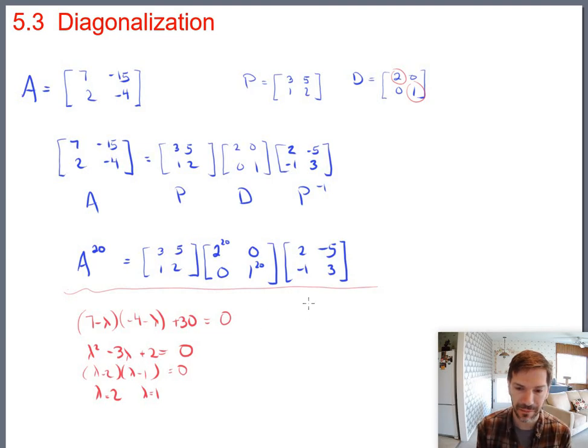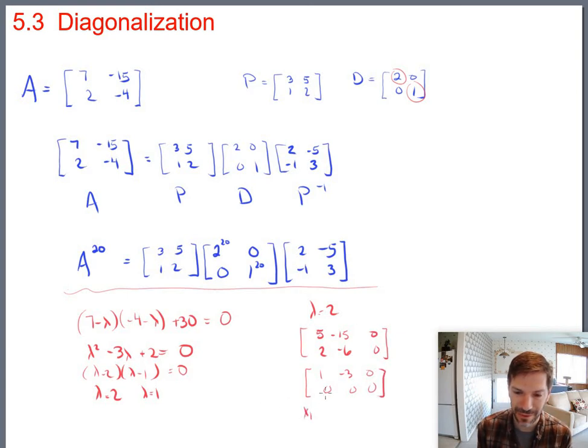Well, let's just find out. For 2, subtract 2 from the main diagonal, so it would be 5, negative 15, 0, 2, negative 6, 0, and when you row reduce that, it becomes 1, negative 3, 0, 0, 0, 0.